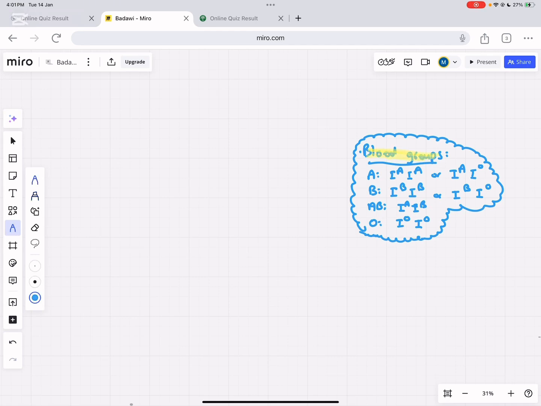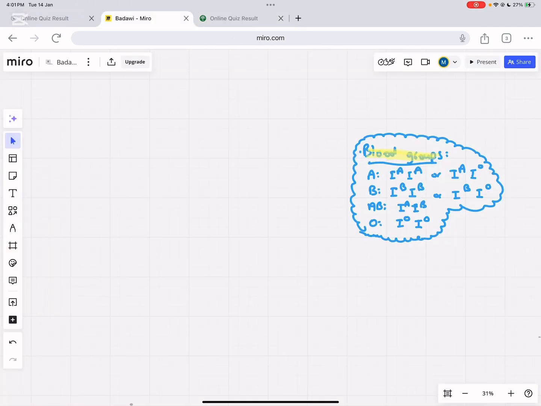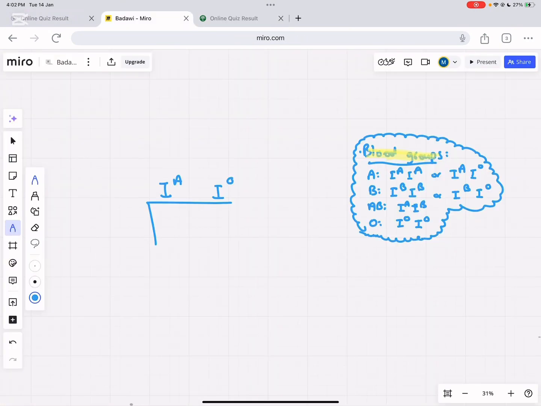So how do we draw the Punnett square? Since we have the parents' genotypes, I'll start with the female. It's IA and IO. So I'm going to put IA and IO. And then like a square, I check the man's genotype, IB and IO.